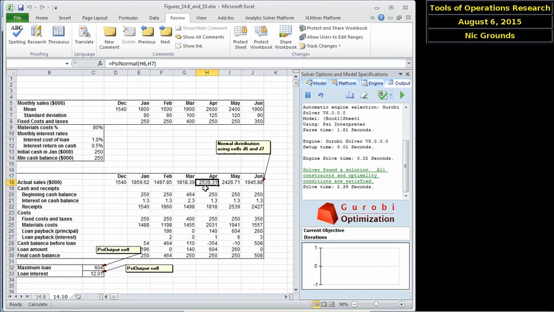Now, the real key is, now that we've built a model that incorporates this uncertainty, we can compute the certainty or uncertainty of the objectives. That is, I know, or I can simulate maybe 1,000 different numbers for these sales numbers and measure all the values for the maximum loan amount.